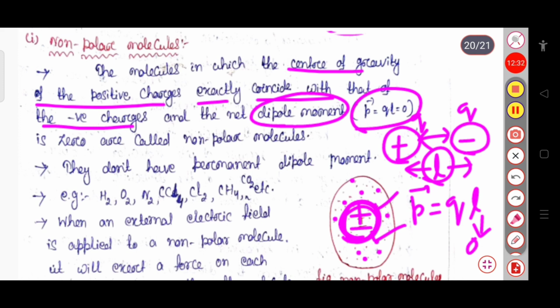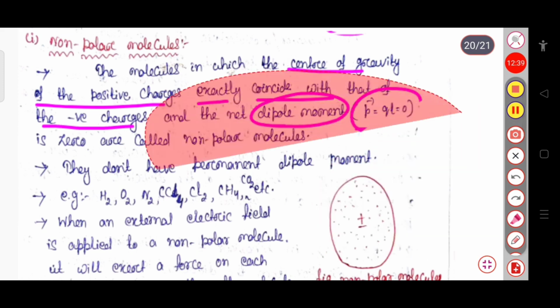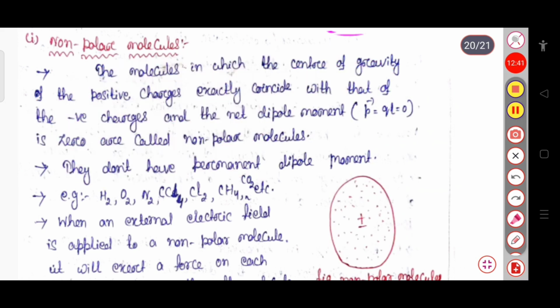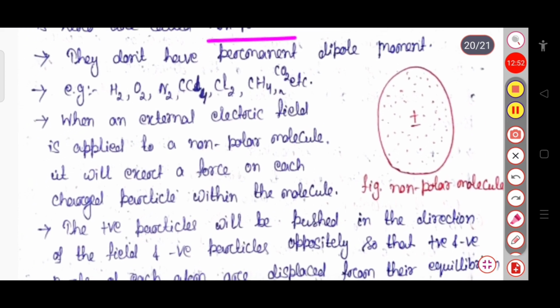That is, in the case of non-polar molecules, the center of gravity of the positive charge particle and the negative charge particle coincide, and the net dipole moment of the particle is 0. Okay. Now we can say that they don't have a permanent dipole moment.